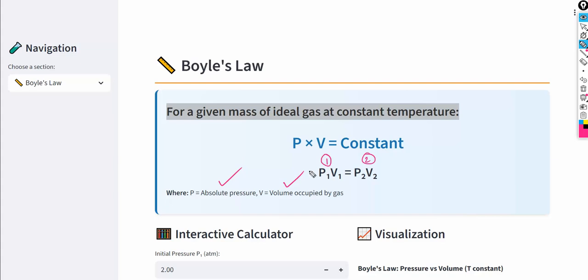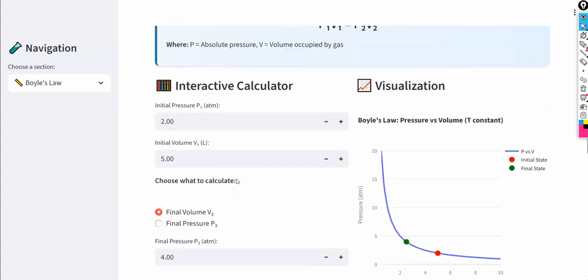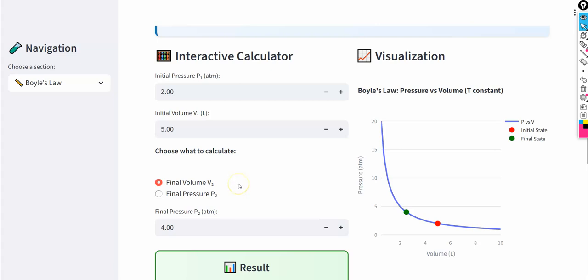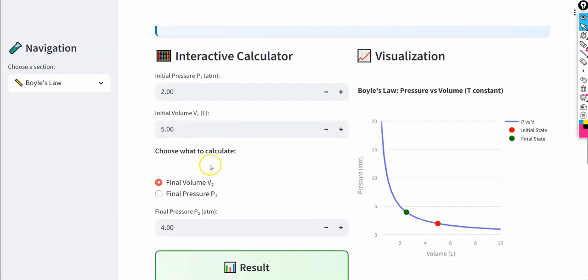Now here I'll take you to the interactive calculator. Using the interactive calculator you can calculate any variable. So now you know that for Boyle's law, PV is equal to a constant at constant temperature. Suppose you have an initial pressure of 2 atm and an initial volume of 5 liter.